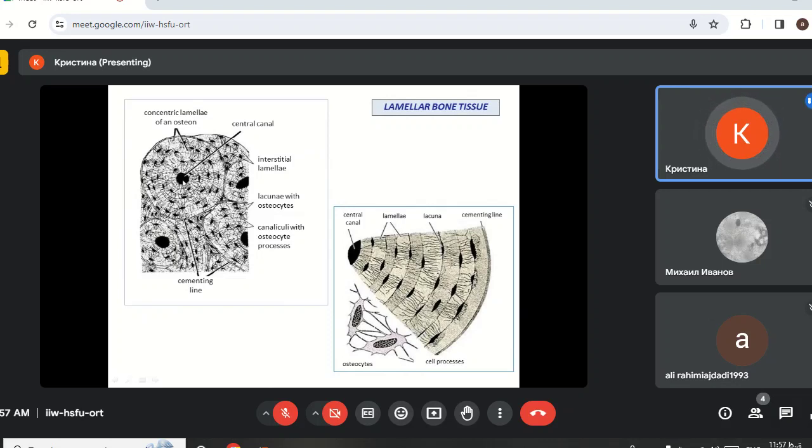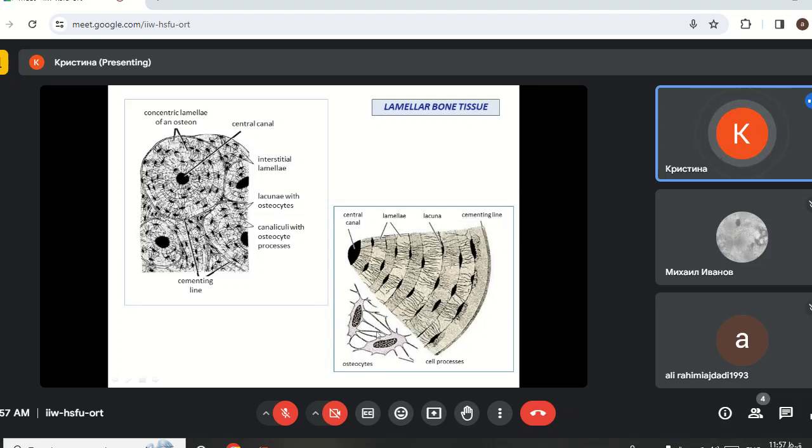And then the same blood vessels are surrounded with loose fibrous connective tissue with adventitial cells, and adventitial cells can give rise to osteogenic cells, and then osteogenic cells will develop into osteoblasts, which will make new bone tissue, and this is how the osteons can be rebuilt.